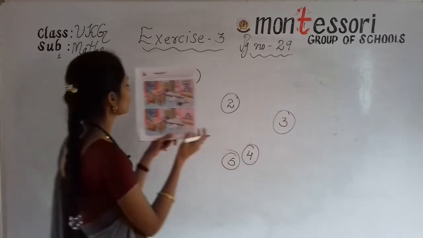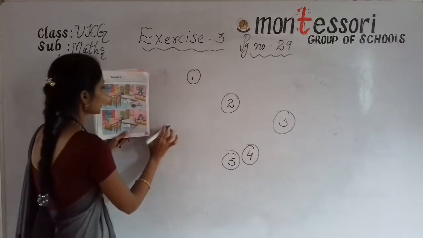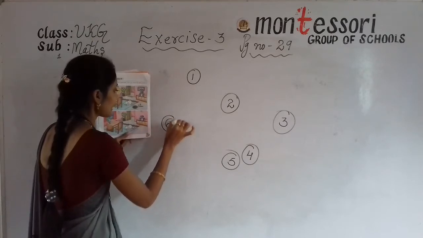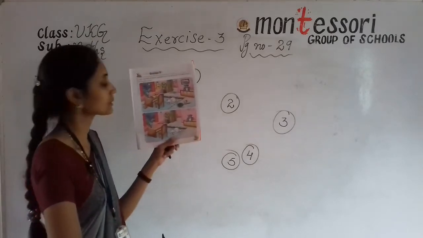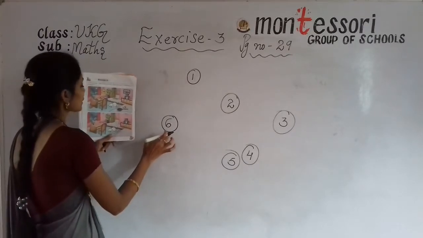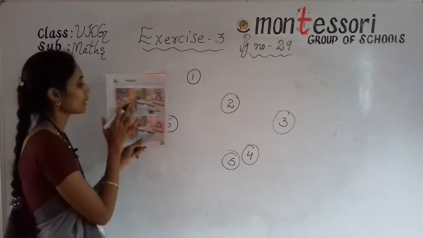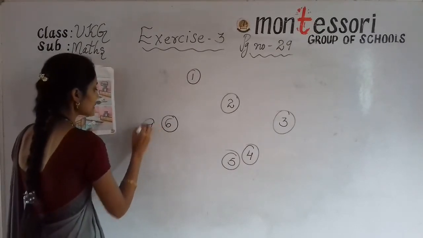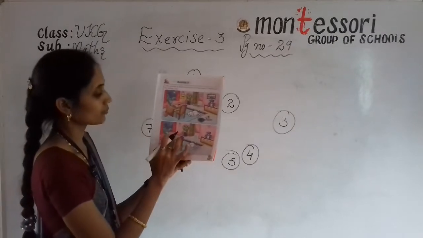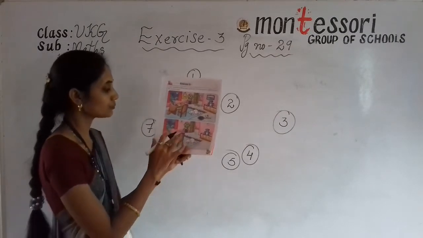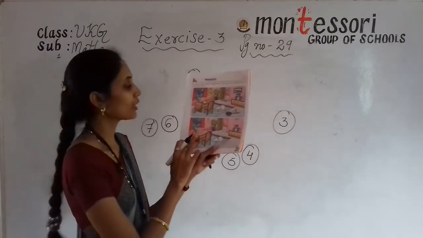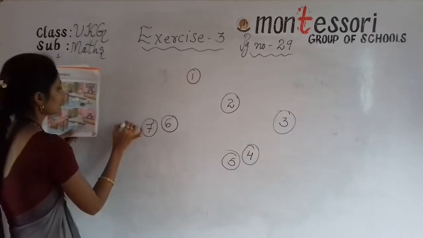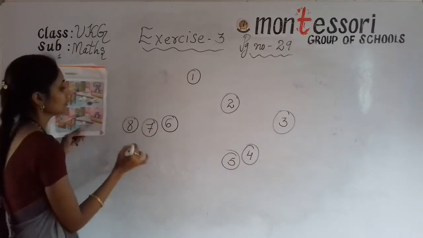No. So, upon the table, in the place of the pen, you have to write number 6. Next to the 6, in the place of the green book, in the second picture, you have to write the number 7. Next, after that green book, we can see one more book. There, you have to write number 8.